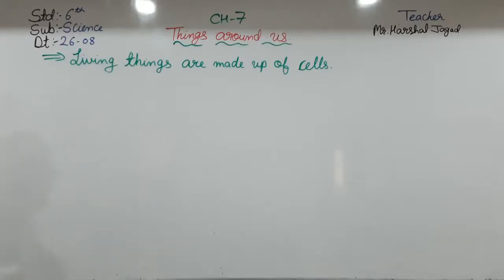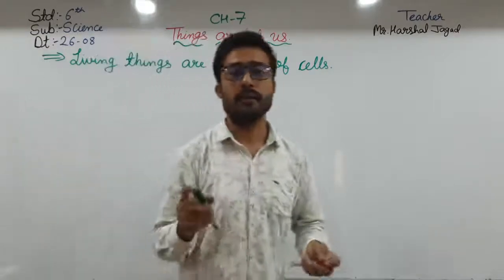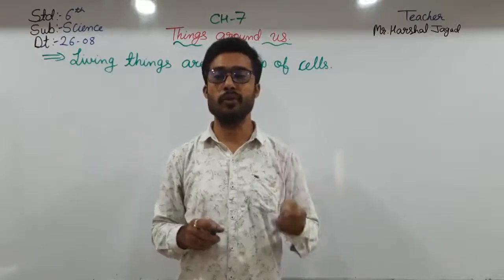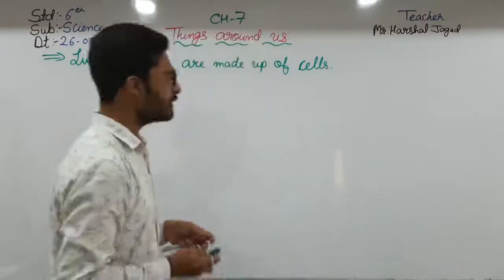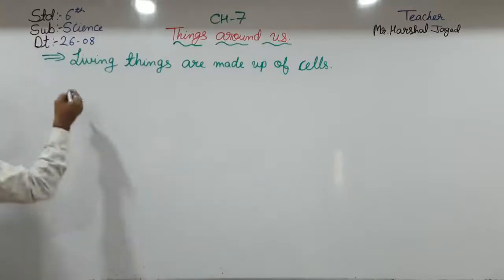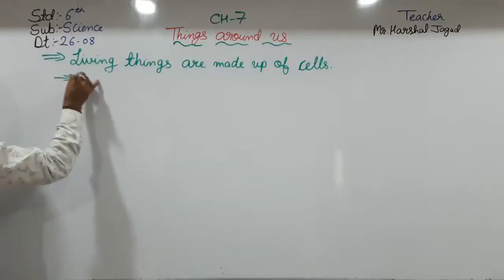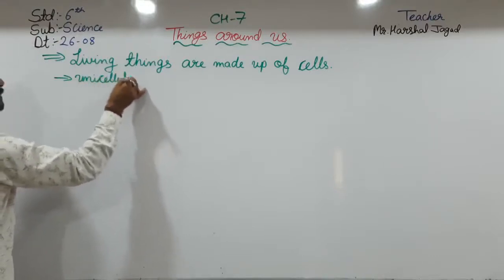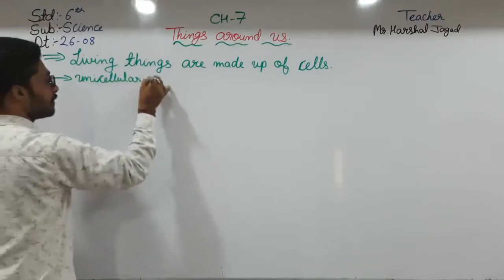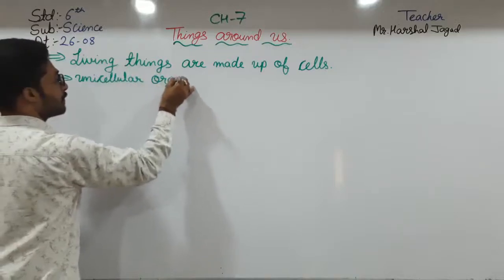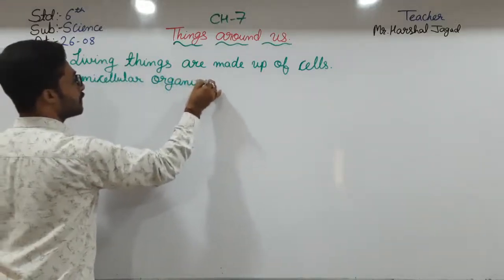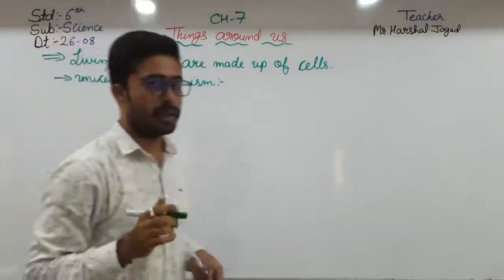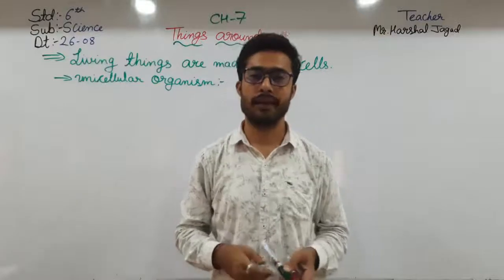First of all, according to the cell, the organisms are divided into two parts. The first one is the unicellular organisms.